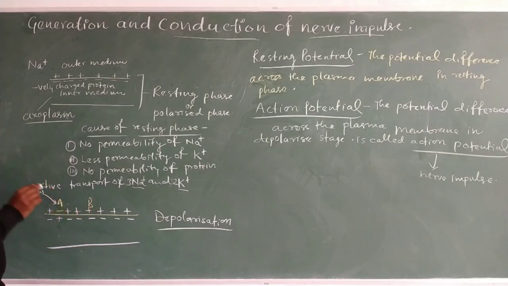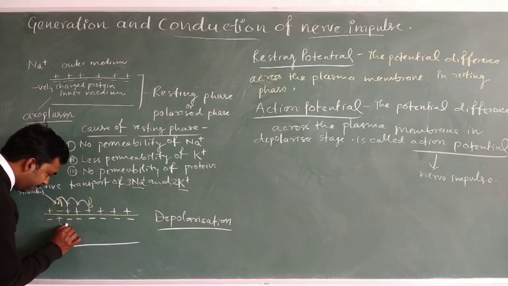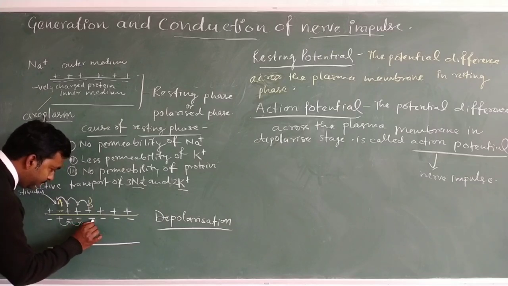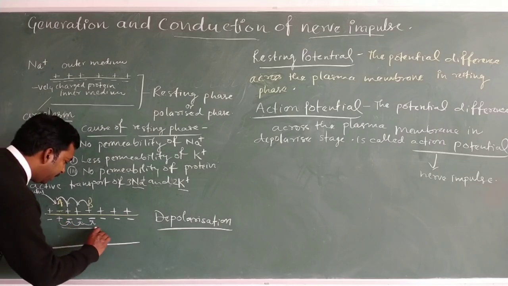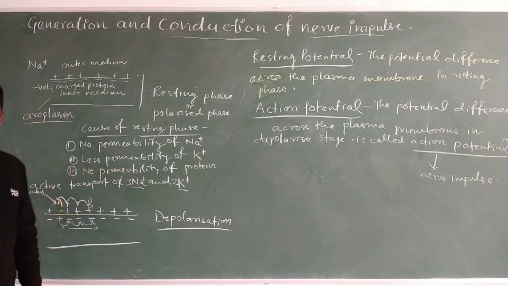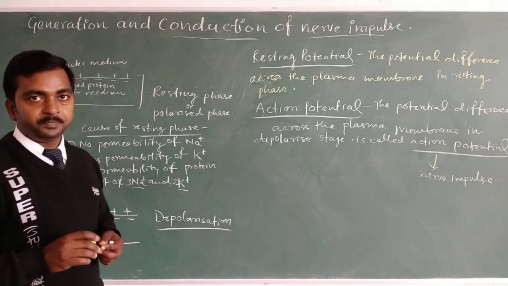Here we will see, due to the ionic gradient, the positive ion gets replaced by negative ion, then the negative ion travels to here, then again this is transferred to here, and on the inner side of the membrane, there is also transfer of positive towards the negative and negative towards positive. In this way the transfer of impulse takes place across the plasma membrane throughout the membrane of the neuron.